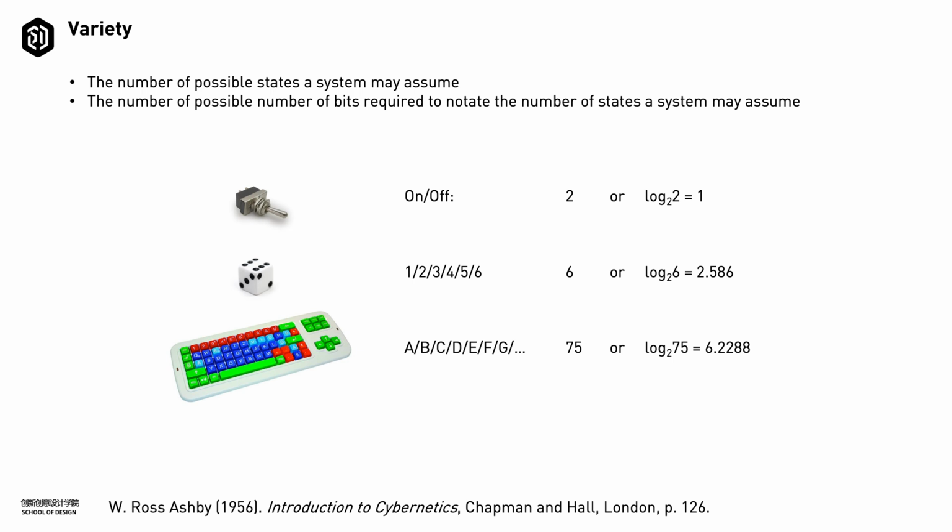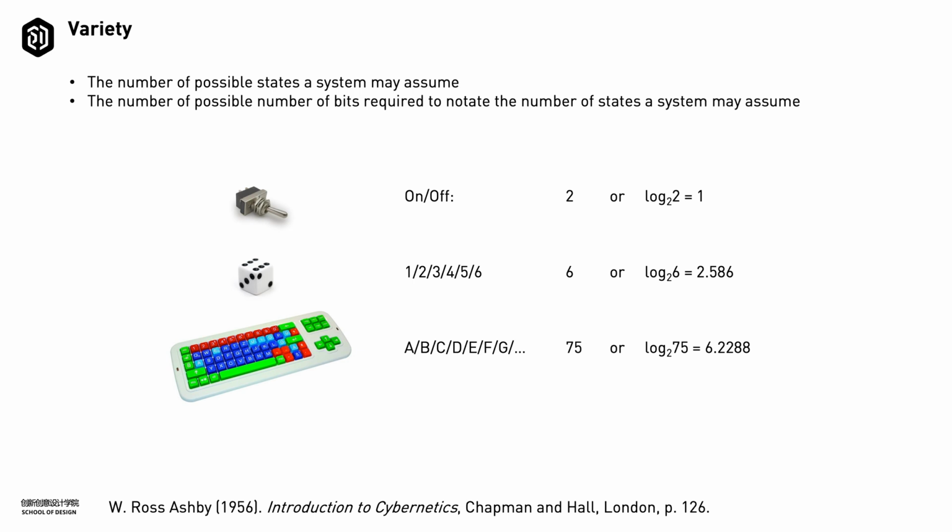Ashby describes this somewhat ambiguously. Sometimes he's counting variety like I just did, and sometimes he uses the log 2 of that number when he wants to represent this in binary. So instead of saying a variety of 75, he would say a variety of 7 bits is enough to count up to 75.